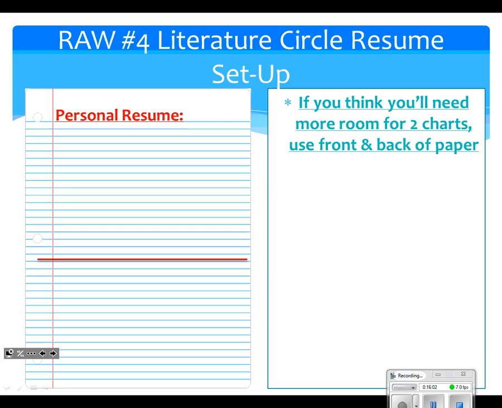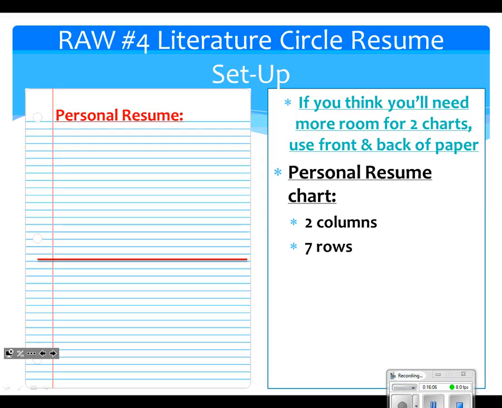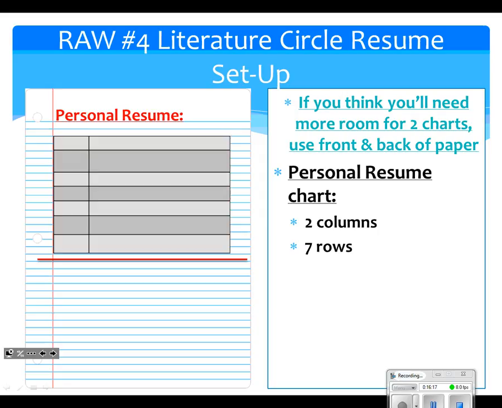Now, the first chart is going to be labeled Personal Resume. The chart's going to have 2 columns, 7 rows. This is what I'm looking for you to make. Notice how the Personal Resume chart, the left-hand column, is much thinner than the right.